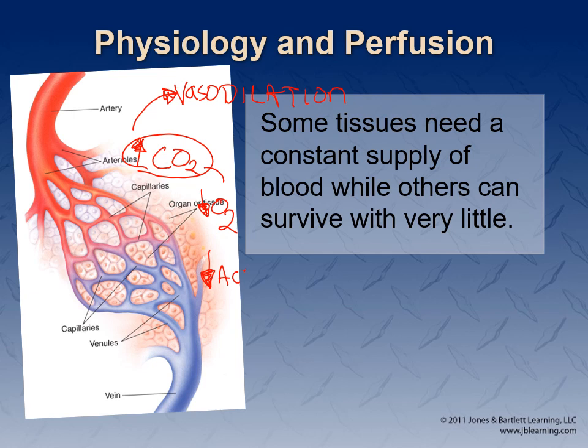So if we have high CO2, that usually means in the same area we'll have low oxygen, and our pH will also be low, and that equals acidosis.